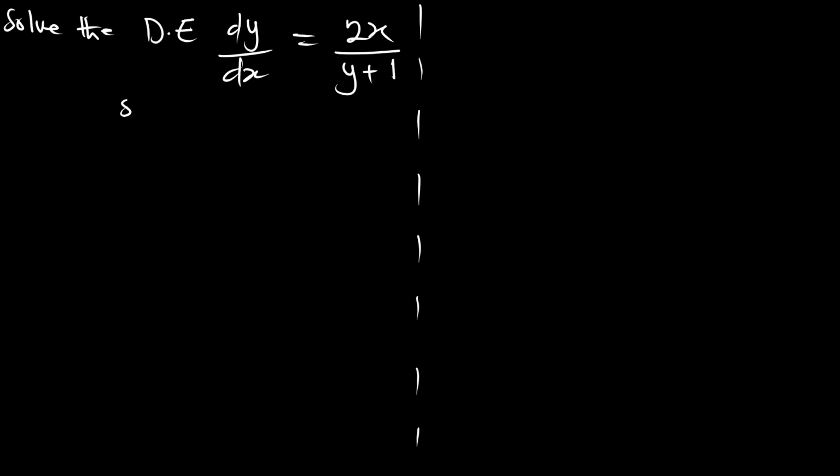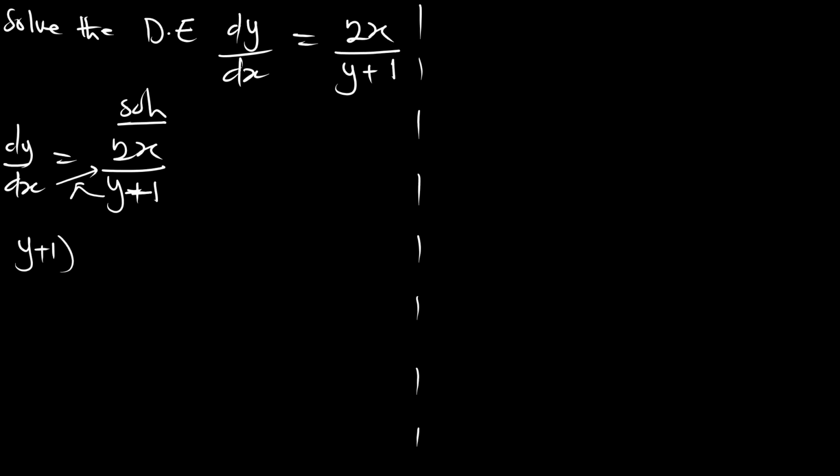So solution. Our function is dy/dx equal to 2x on y plus 1. Can I do separation? Yes. So here I'll let the y go and the x go. So that is going to be (y plus 1) dy is equal to 2x dx. So now it is a perfect separable equation.